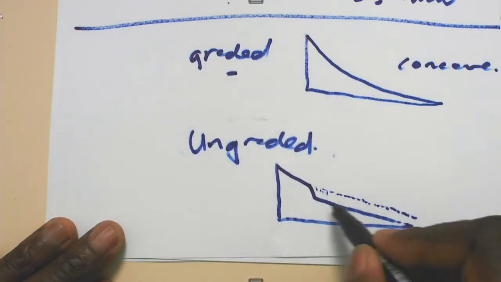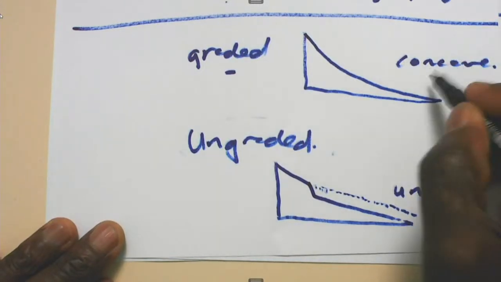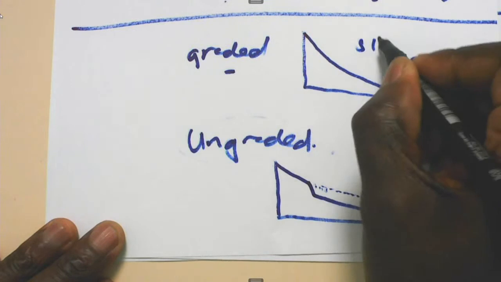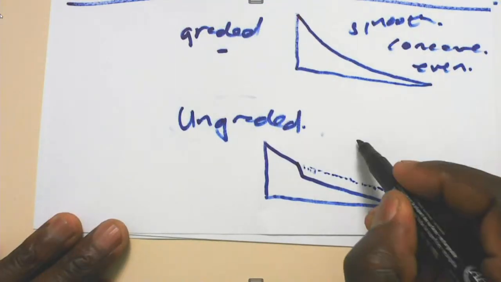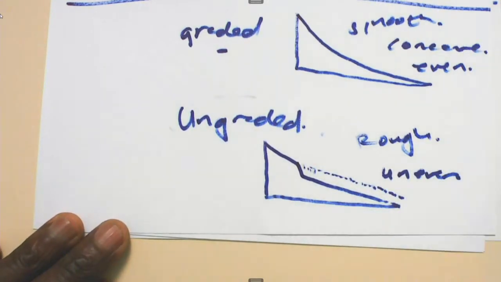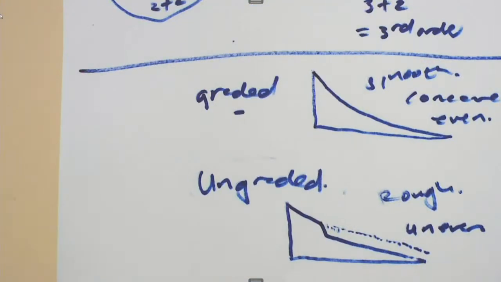So that means the riverbed is uneven over here. But here, the riverbed is even. So this one is smooth, and this one is rough. Smooth and rough. Graded, ungraded profile. So be aware of that also, grade 12s.